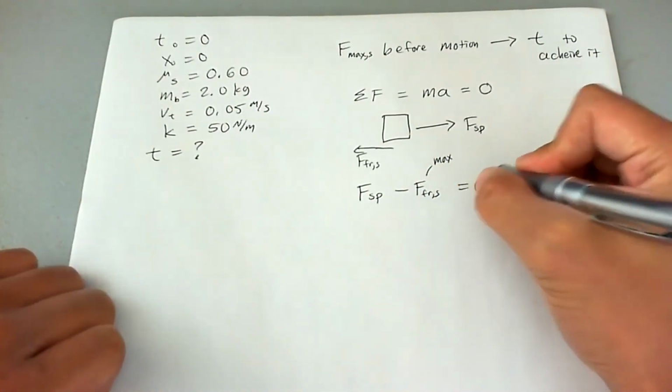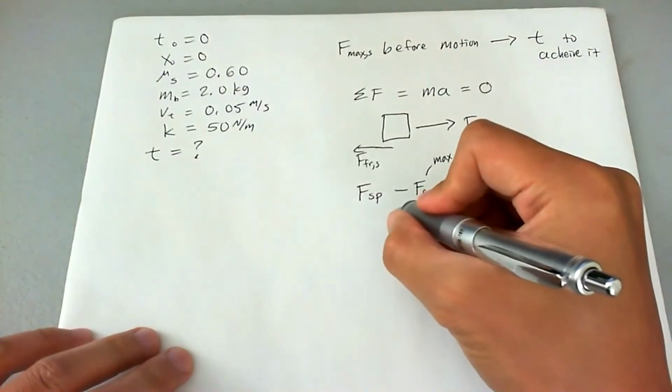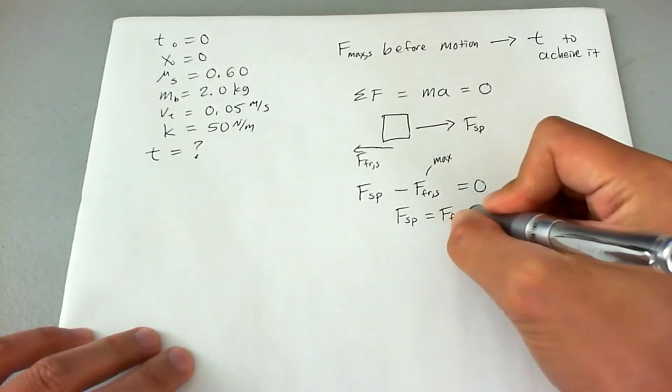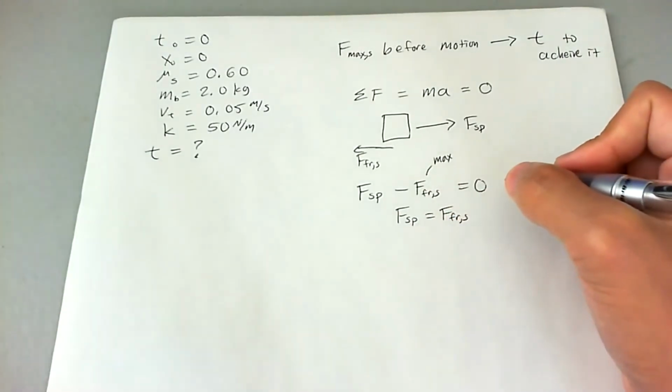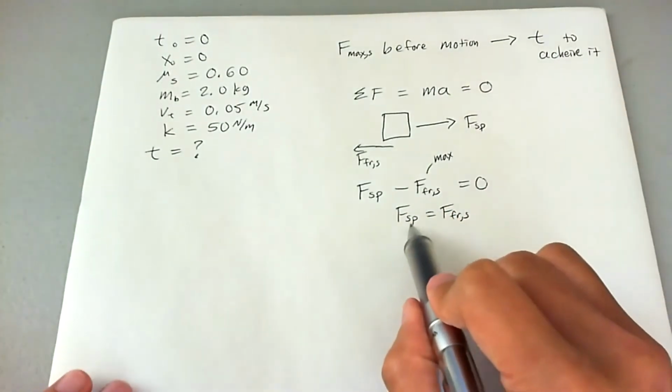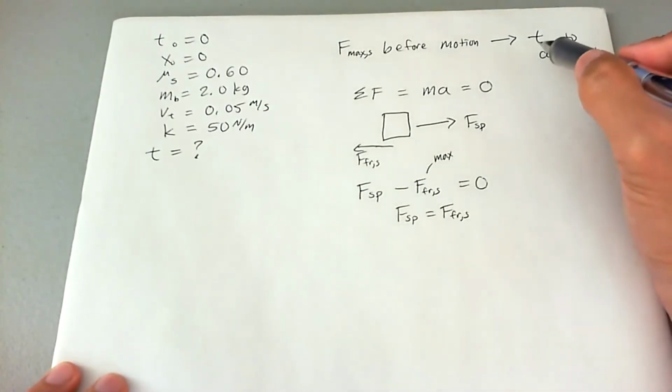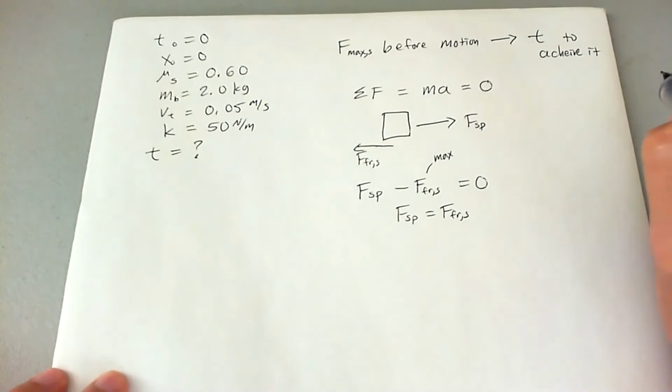That equals 0, which means the spring force has to equal the static friction force before it breaks. So how much time does it take to achieve that?